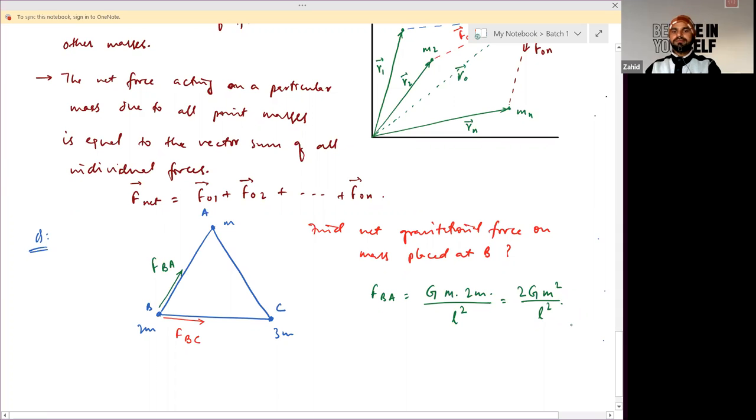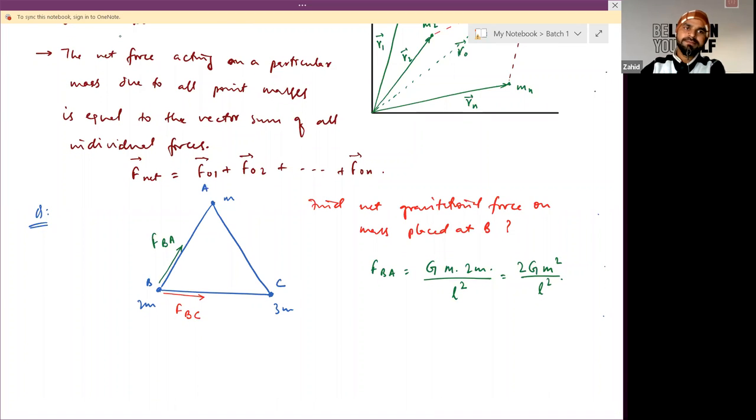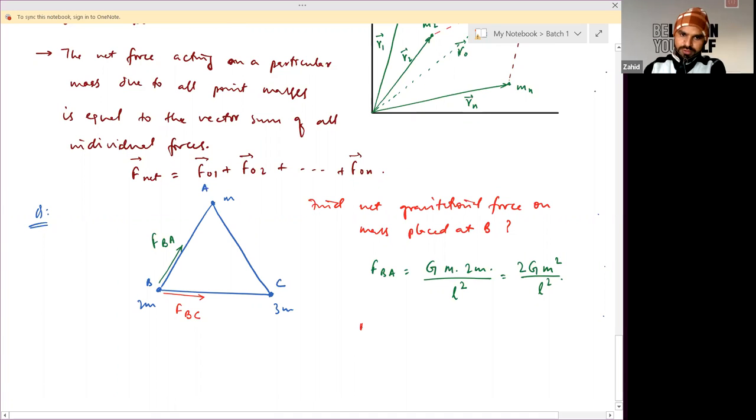Is it clear? Yes, sir. Khalid, any doubt? No, sir. Similarly, force on B by C. Salman, tell me what will be the formula for this? For gravitational force, we just need capital G m1 m2 by r square.